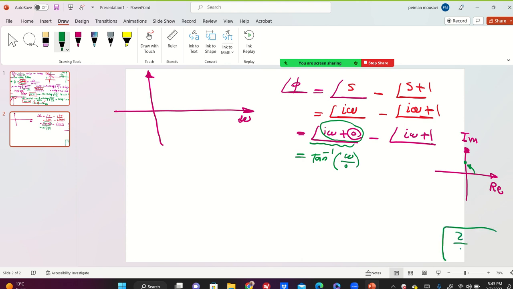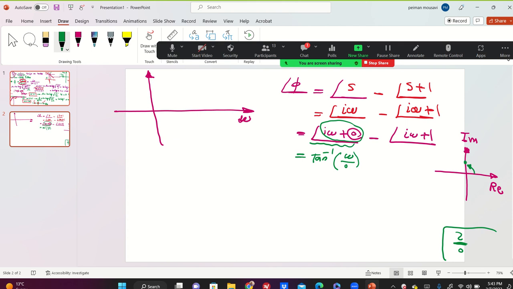What is 2 divided by 0? Mathematically, it is infinity. So tangent inverse of infinity. How much is that from high school?